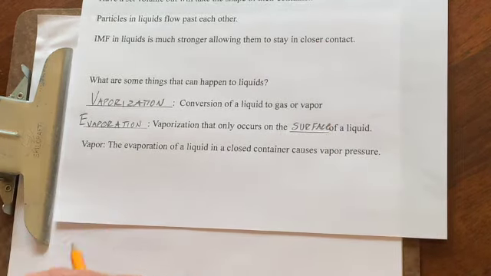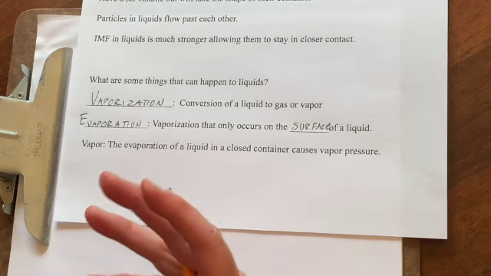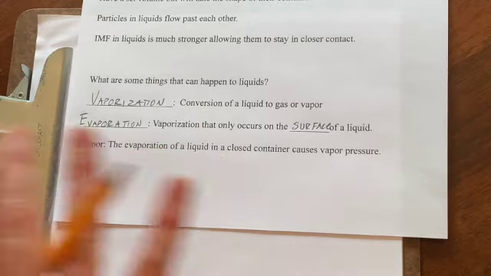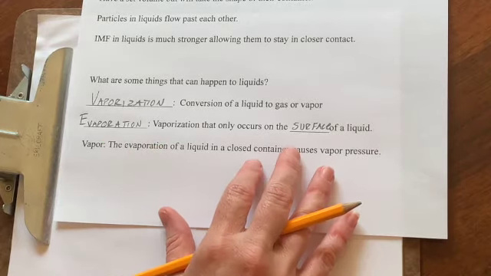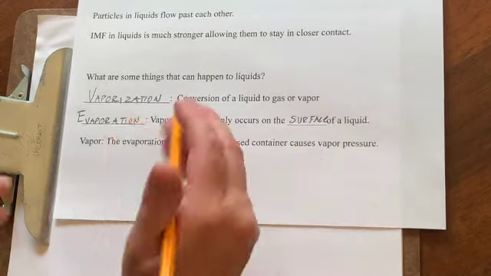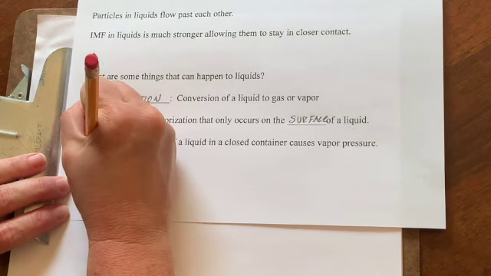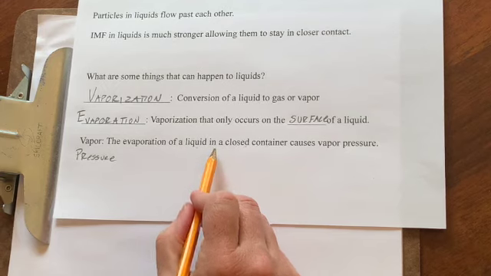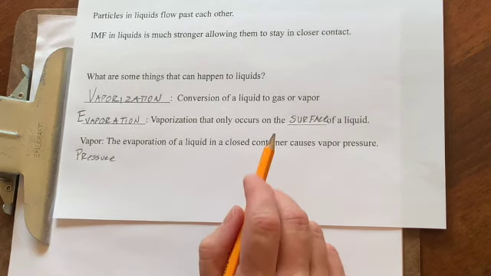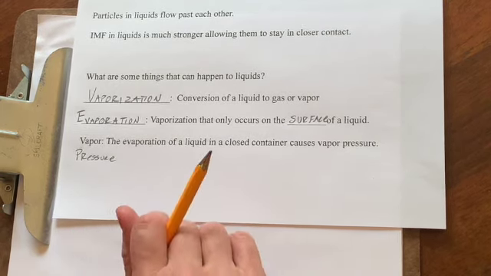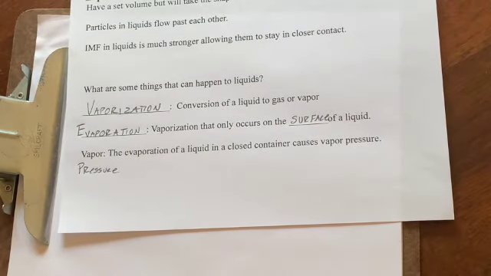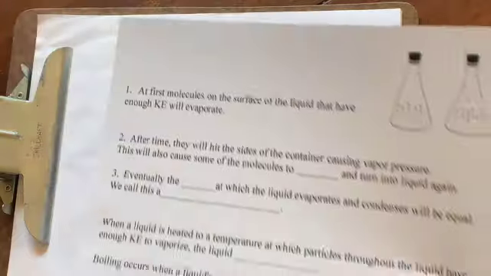Water actually evaporates all of the time anytime you have an open container, but evaporation is only occurring on the surface. And we're missing a word here, and this is pressure. The evaporation of a liquid in a closed container causes what is known as vapor pressure, and that's what we are going to take a look at and talk a little bit about right now. So let's look at vapor pressure.